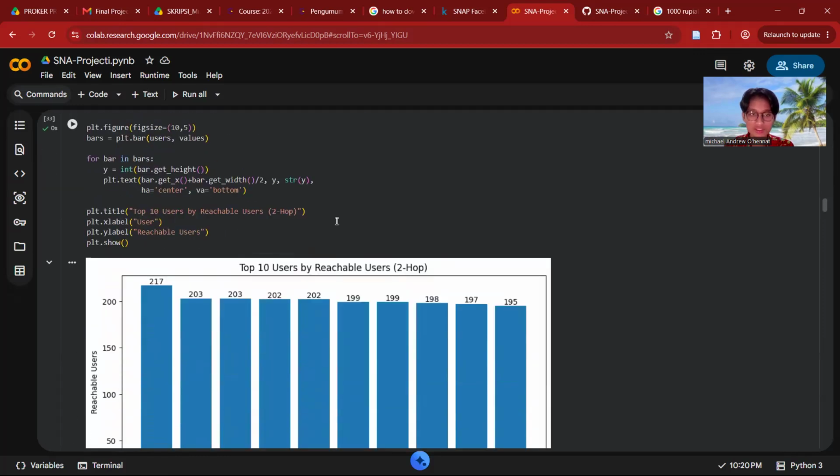Okay, let's carry on. And then this is the top 10 users by reachable users in two hops. What does two hops mean?